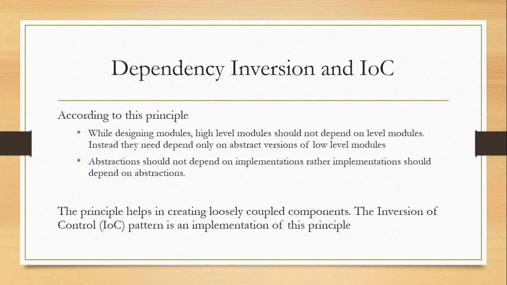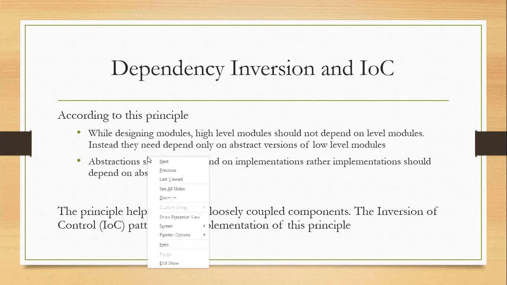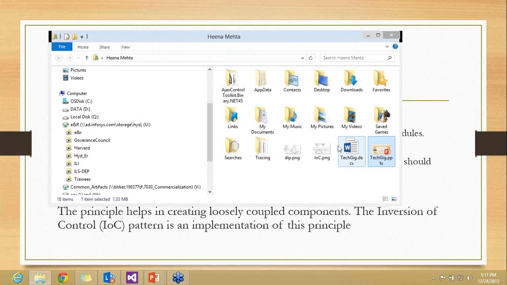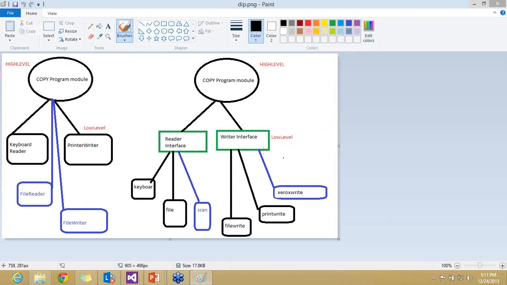Which one could be considered a high-level class module and what goes as a low-level class module? To explain this with an example, let me switch over to a specific image.